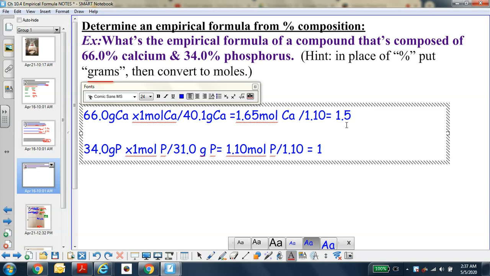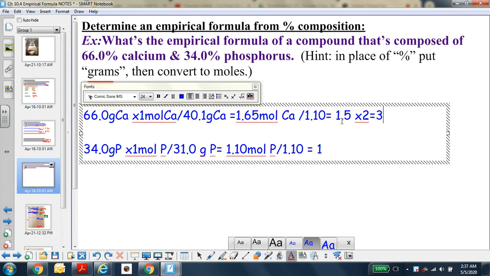Now, I have to have whole number ratios, 1.5 and 1. 1.5 is smack dab in the middle between a 1 and a 2. I am not going to round it to 2. What I'm going to do is double this, and what I do to one answer, I must do to all of the other answers. So I am going to now multiply by 2, which gives me 3.